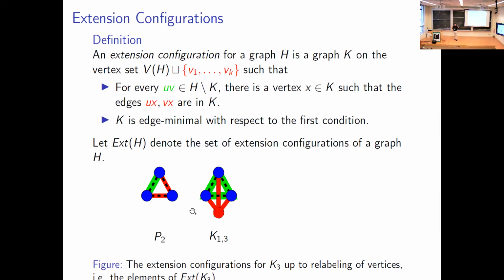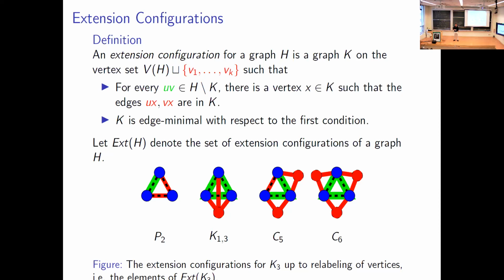Well, this copy of K_{1,3}, the complete bipartite graph with 3 vertices on one side and 1 on the other, also forms an extension configuration. And then I can get some in between the two: one that's partly in and partly out, and one where all of the added vertices are outside.